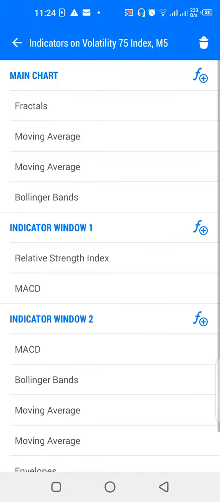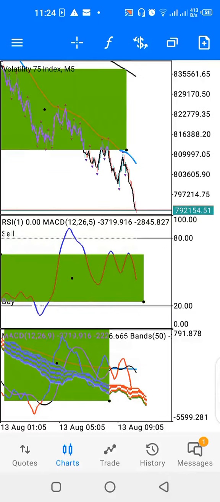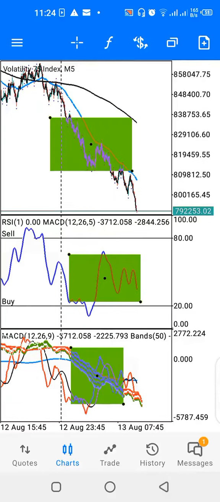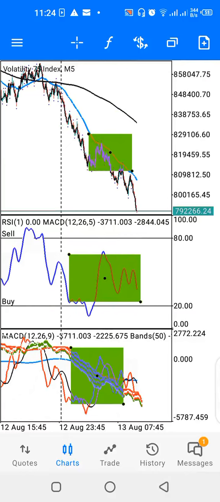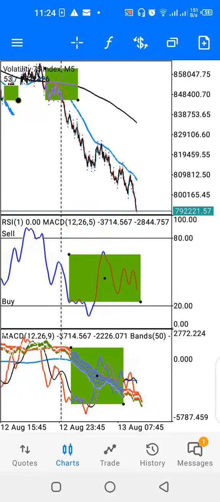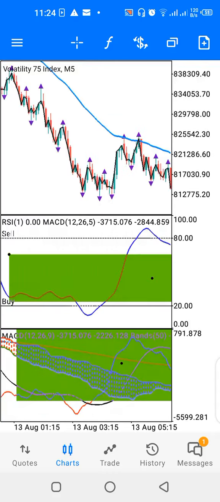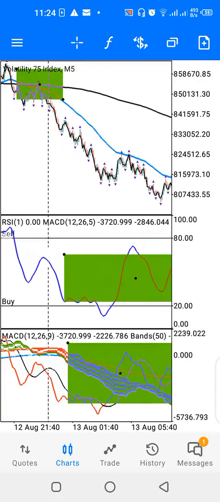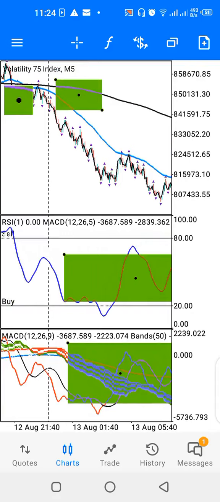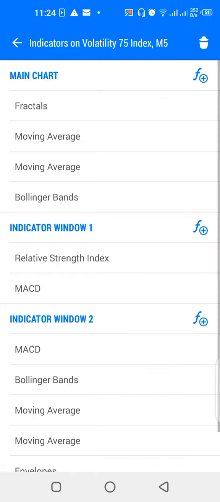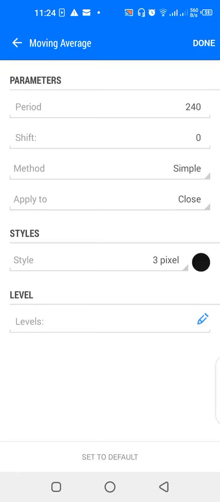So the way it works is, on the main window, what I do simply is to take my sell signal anytime the blue line crosses down below the black line. The black line is the 240 simple moving average.